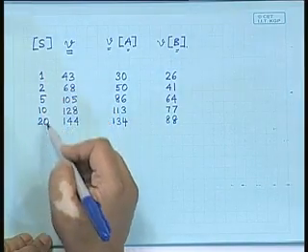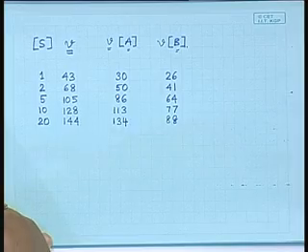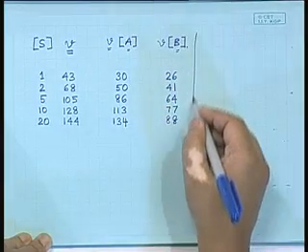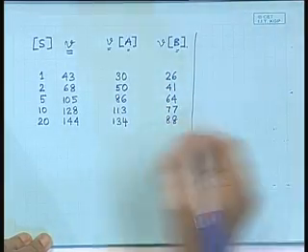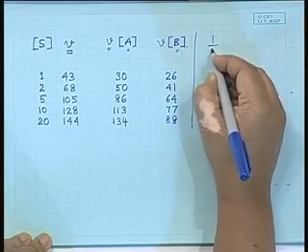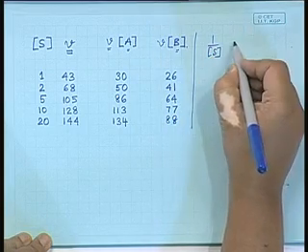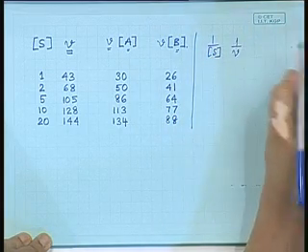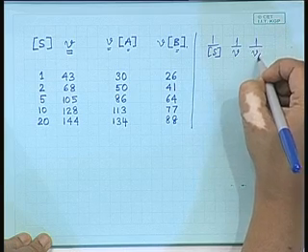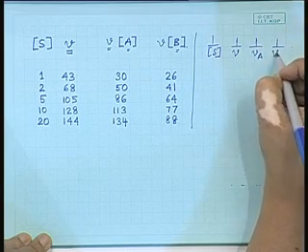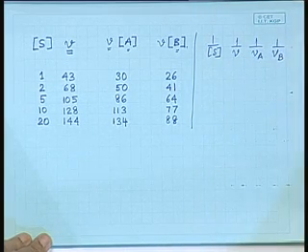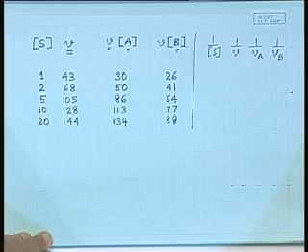So now if I have these S concentrations, what information do I require to plot my Lineweaver-Burk plot? I need 1 by S, 1 by V, 1 by VA, 1 by VB, right.